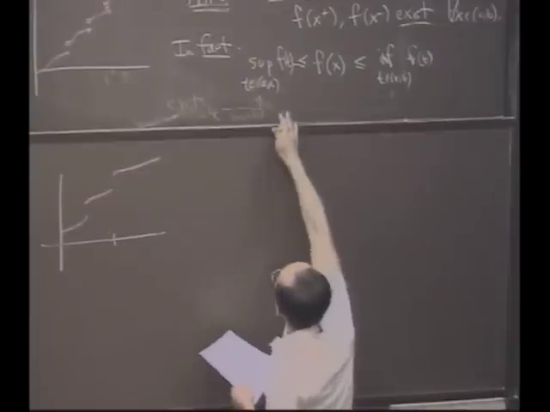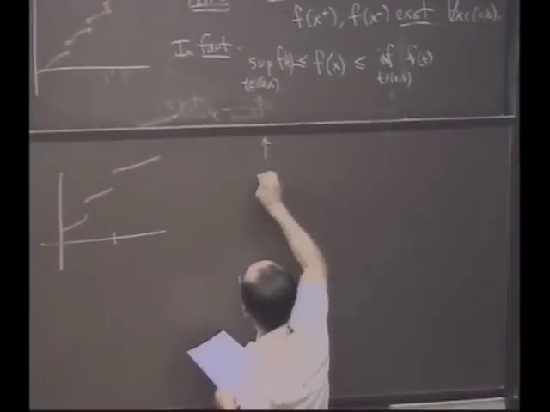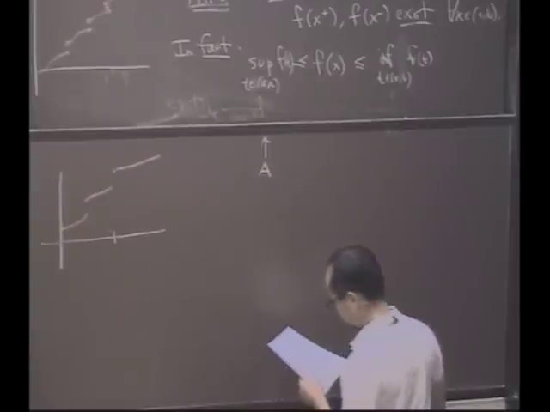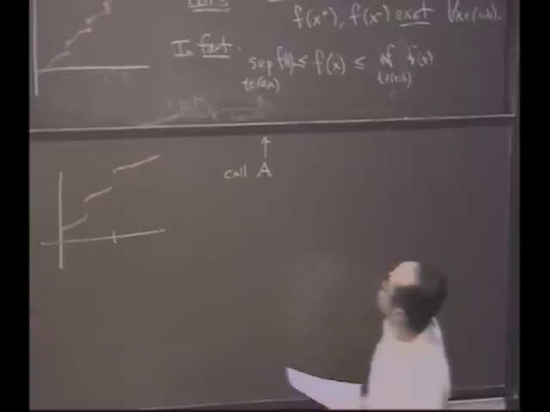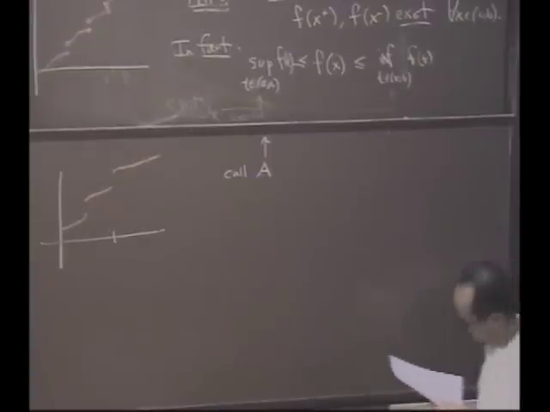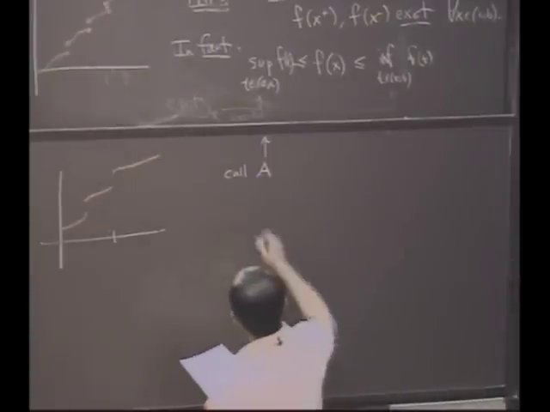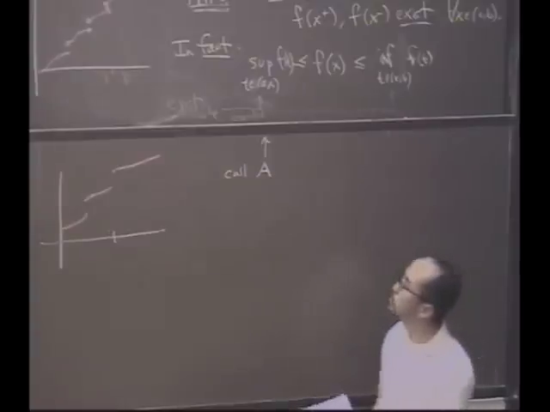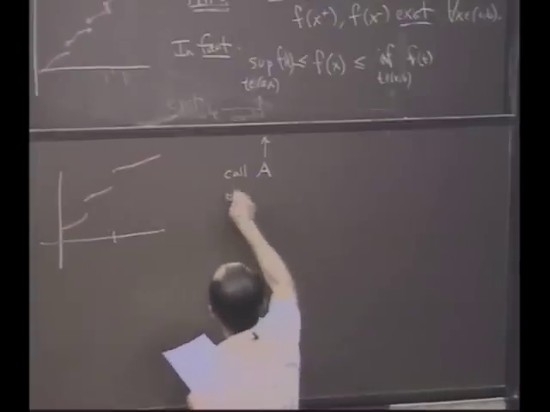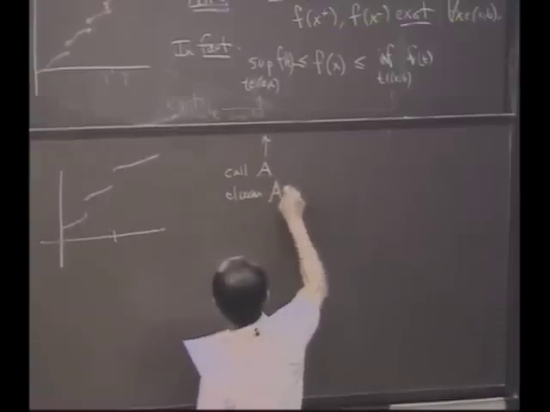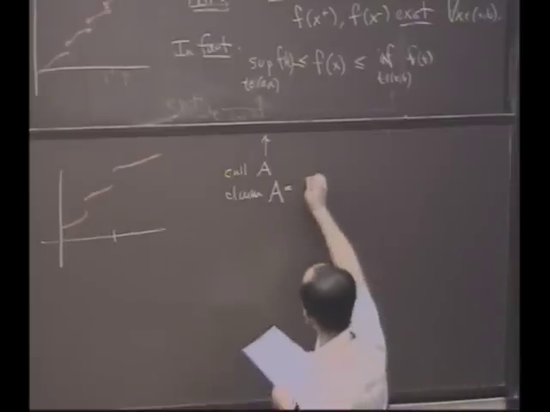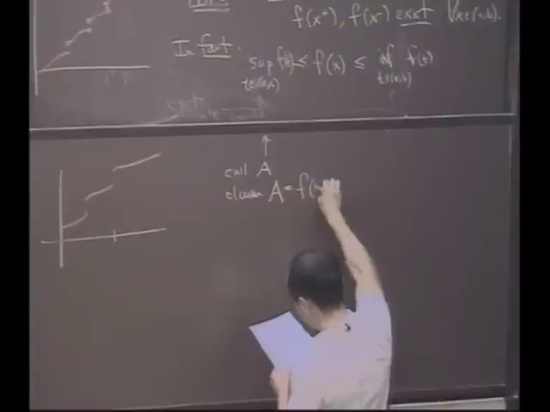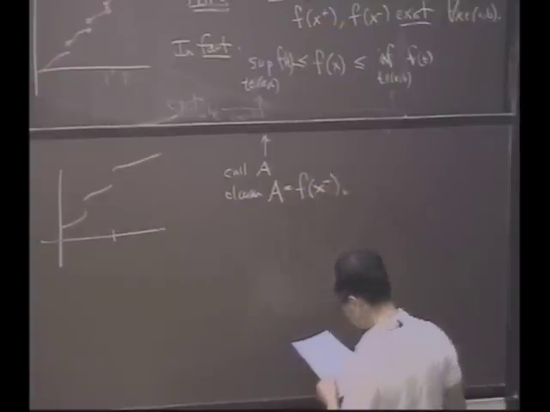And in fact, if you don't mind, I'll call this supremum A, which is the supremum of all the values on the left. Okay. And now I claim that A, in fact, is going to equal what? What do you think I'm going to claim? Yeah, I'll claim that it's f of x minus. Okay.